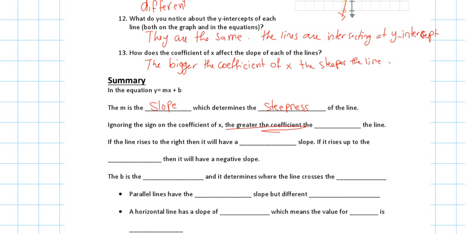So think about it this way. If you have y equals 3x plus 1, and if you have y equals negative 5x plus 1, yes, this is negative, but if you ignore that negative, if you graph it, it's still going to be steep, right? So the greater the coefficient, the steeper the line.